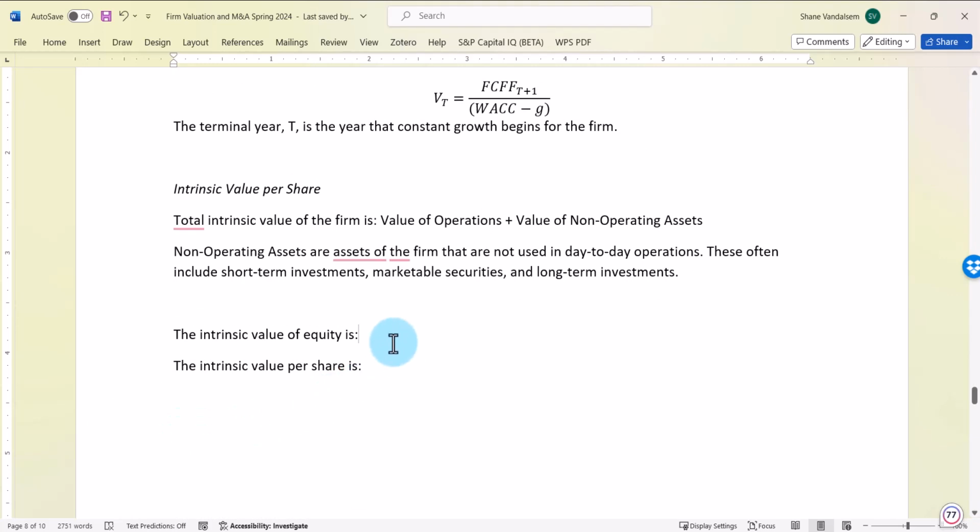The intrinsic value of equity is equal to the total intrinsic value less the debt of the firm. And what I mean by debt here is the interest-bearing debt of the firm.